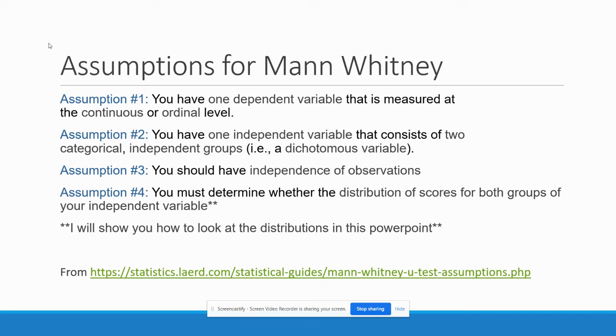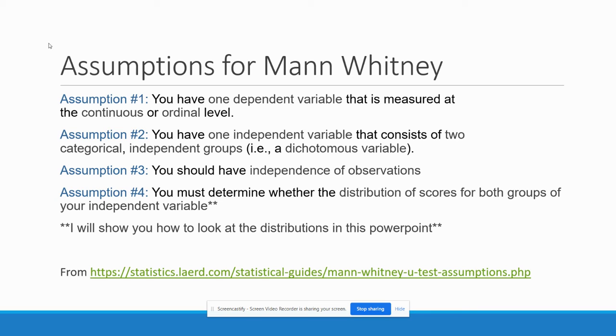So you're going to make your assumptions for a Mann Whitney. Assumption one is you have a dependent variable that is measured at the continuous or ordinal level. Assumption two is you have one independent variable that consists of two categorical, independent groups. It's a dichotomous variable. What it means is you just have two different groups.